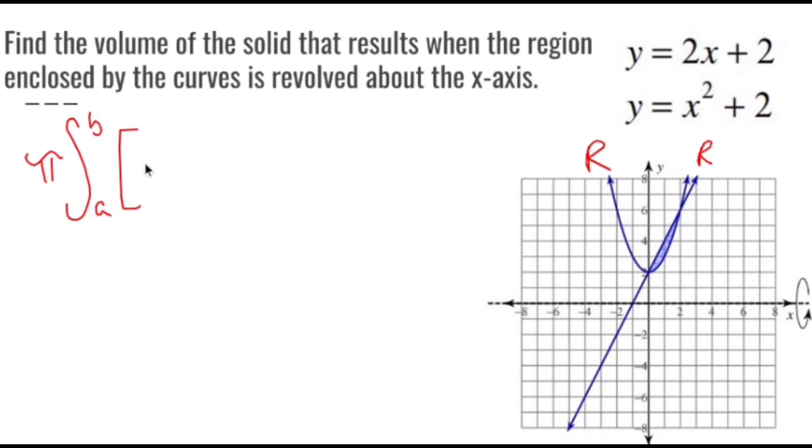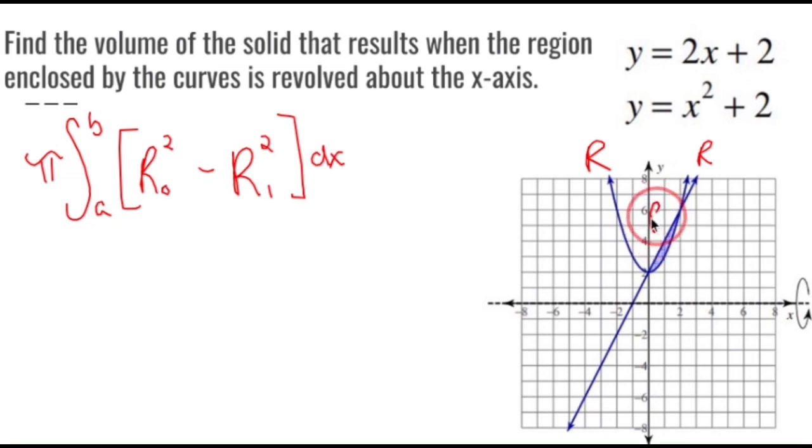You're going to call that r sub o, and you're going to square it, and you're going to subtract r sub i, and you're going to square that, close that, dx. Now, again, when you are creating your integral, the r sub o is going to be the top part of the solid or the top part of the area.